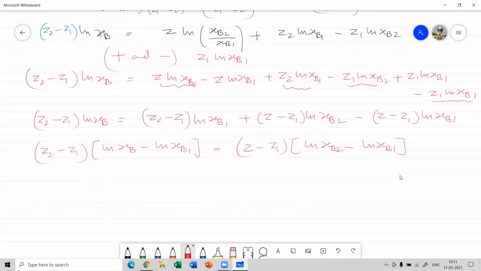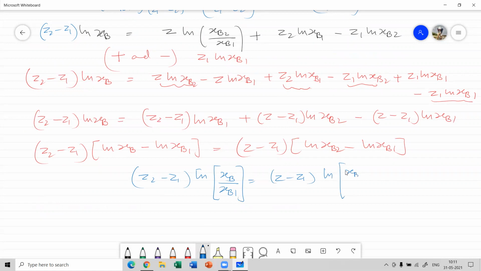So this can be written as z2 minus z1 of ln xp over xp1 equal to z minus z1 ln xp2 by xp1.